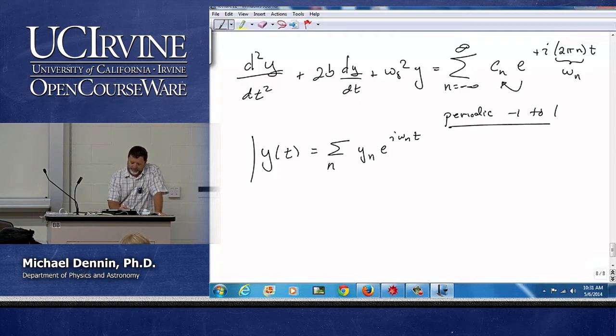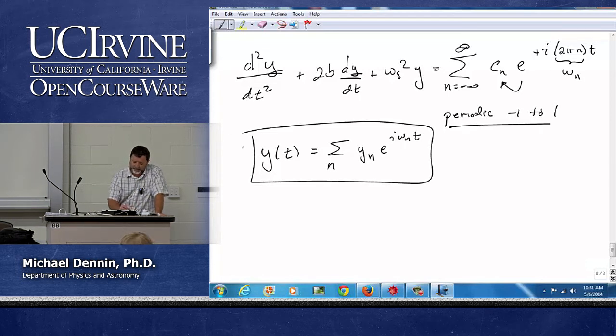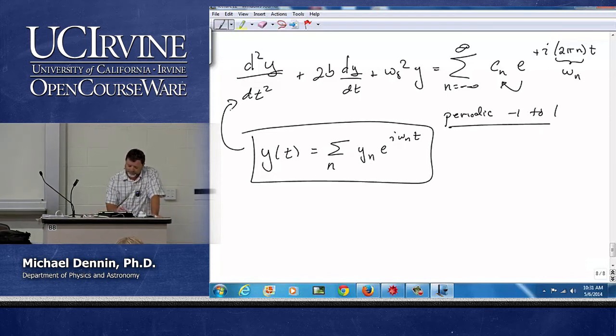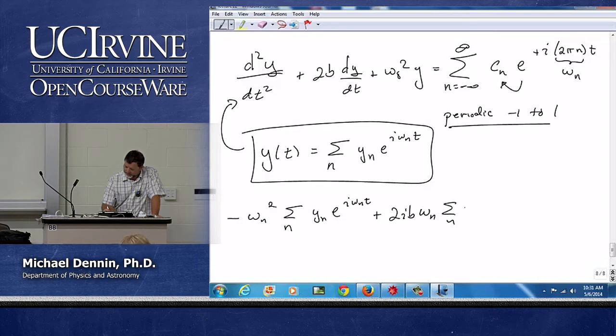So I can take the Fourier series for y and plug it into my equation, and I will get minus omega n squared sum over n of y sub n e to the i omega n t, plus 2i b omega n sum over n y sub n e to the i omega n t, plus omega naught squared times the sum, all of this equal to my sum over n c sub n e to the i omega n t.